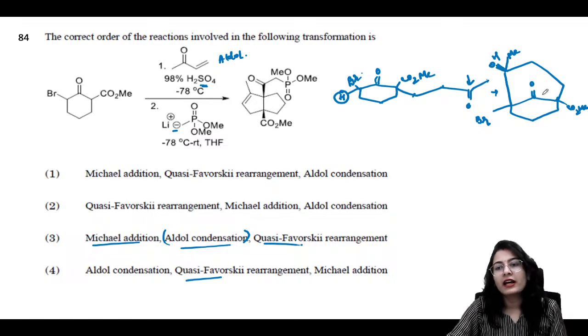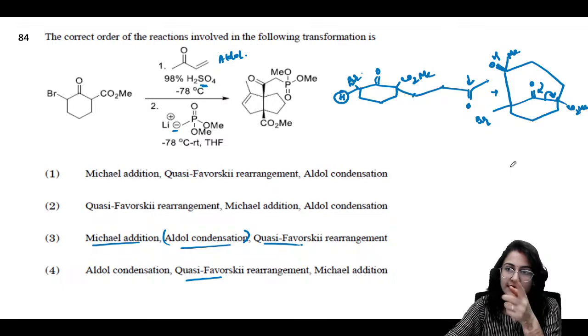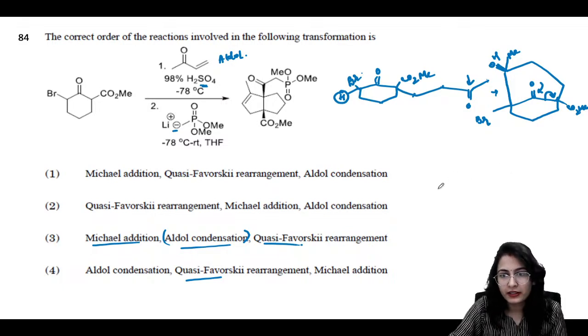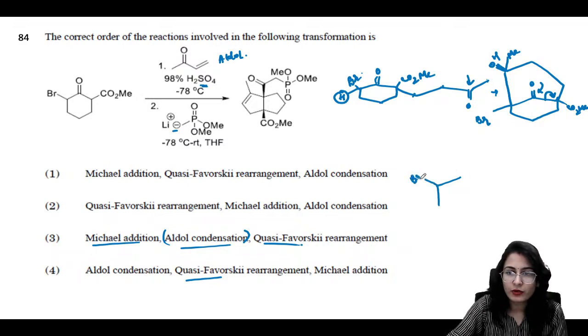How does it directly attack the carbonyl? See, if it attacks like this, the bond can open up on this side. Let's see what we get if the bond opens like this. This side you still have the bromine. Everything will be the same, just that the carbanion goes on this carbon where there is this ester.